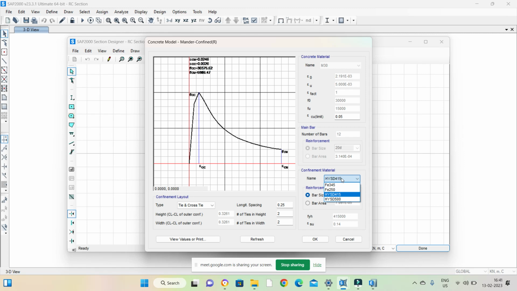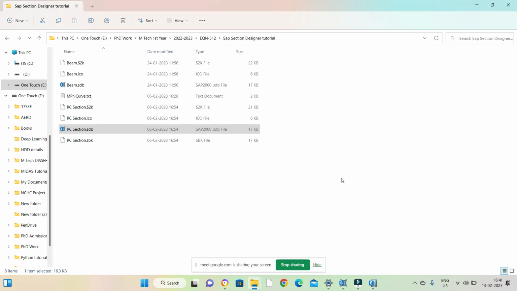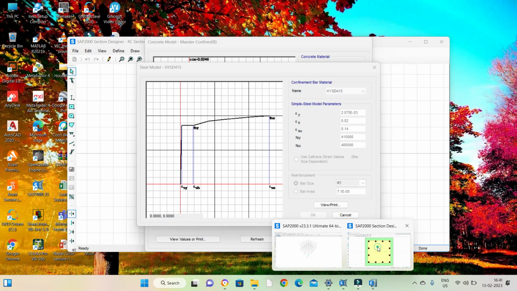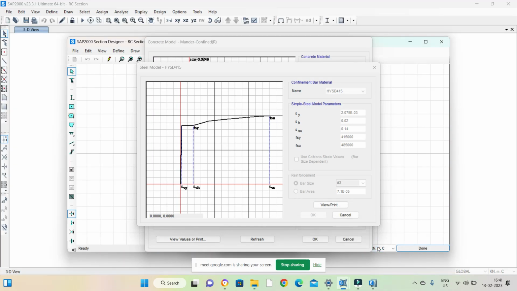Sir, while modeling this flange section that was given in the tutorial, the properties for the T-beam and for the slab reinforcement were different. But when we were modeling it in SAP, it is considering the same reinforcement throughout the flange section. That you have to define separately. Can you explain what was the difference in T-beam and flange section in your question?